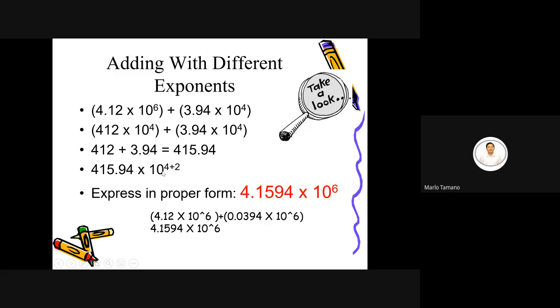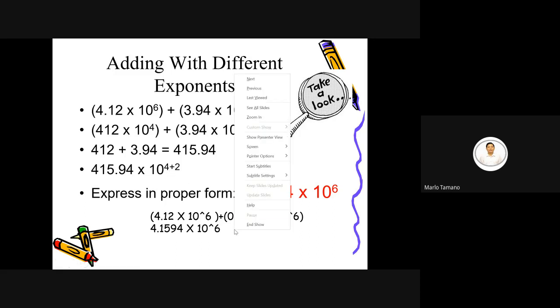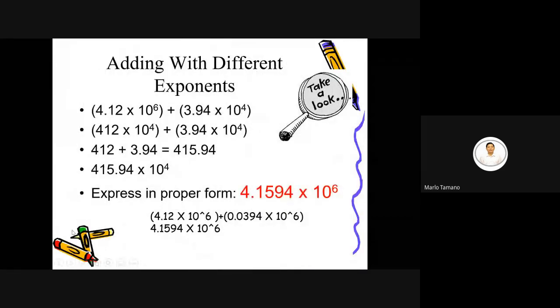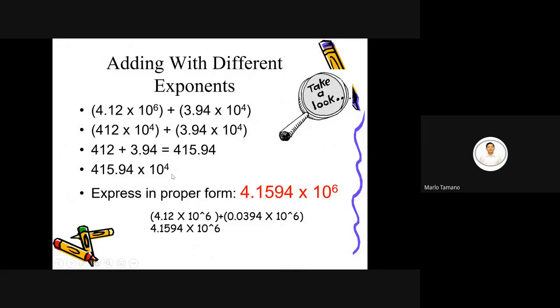To the 4th power po yan. Okay? How come that this is 4 plus 2? So, let us remove the plus 2 there. Yan. So, 10 to the 4th po.